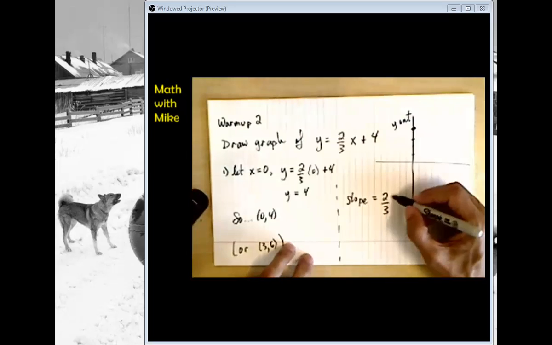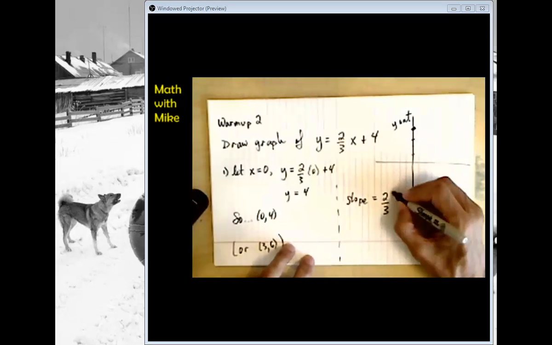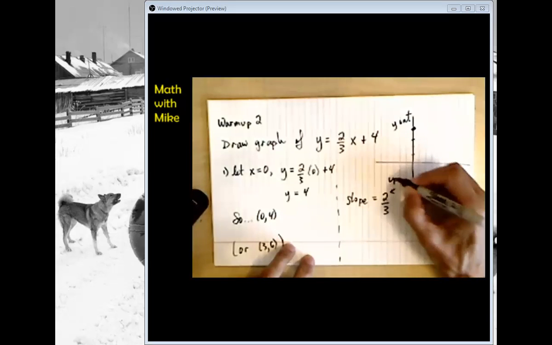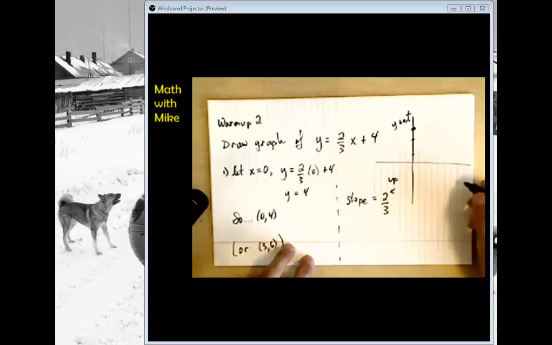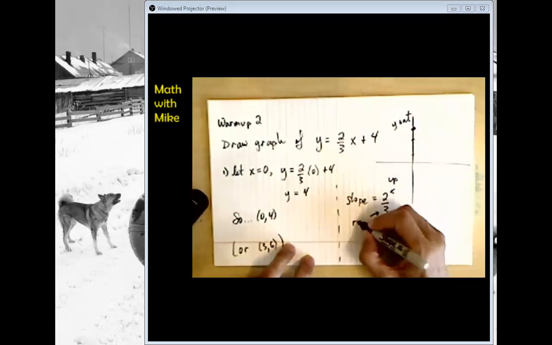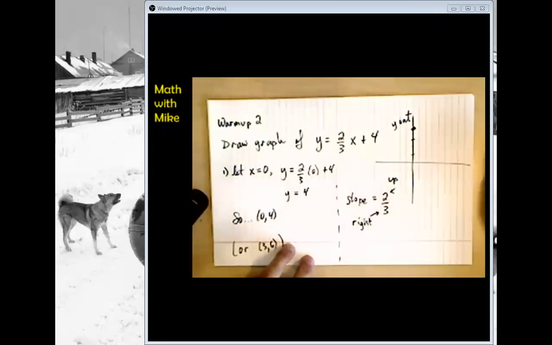What does it tell us to do? Right, it's up. Nice. Zoom said the top is up, and of course up by 2 since it's a 2. And right by 3. The bottom is to the right because that's positive, and yep, by 3 as well.